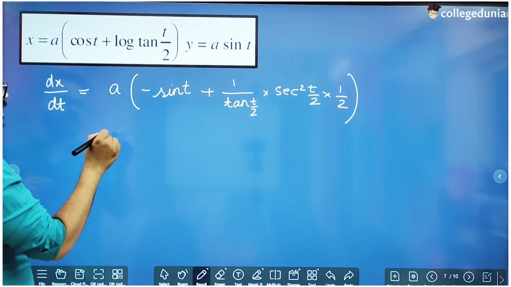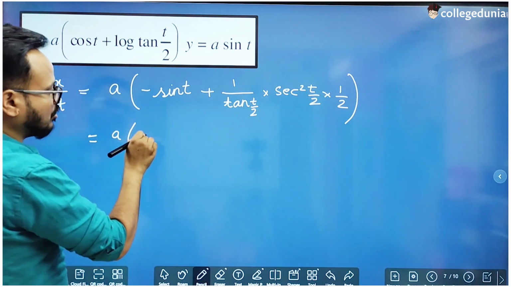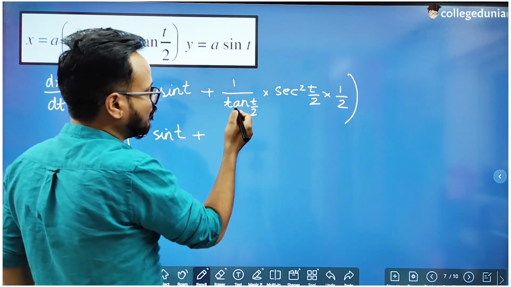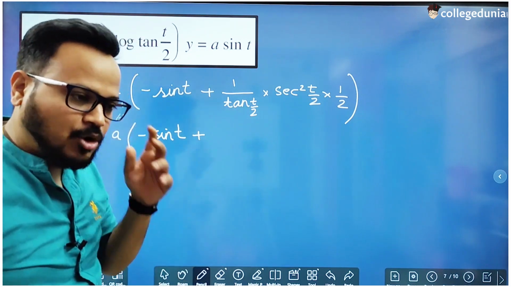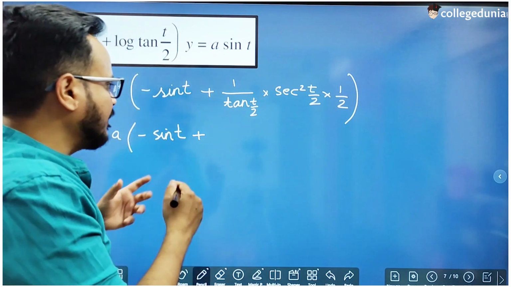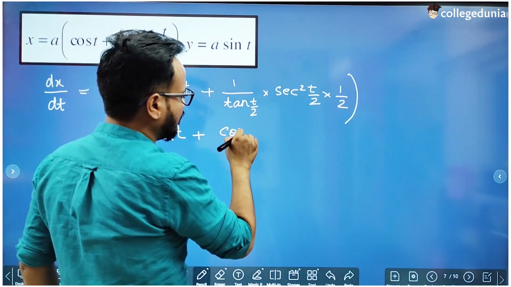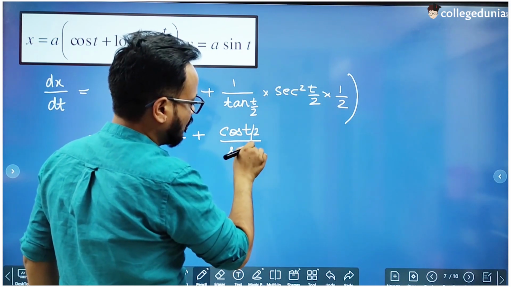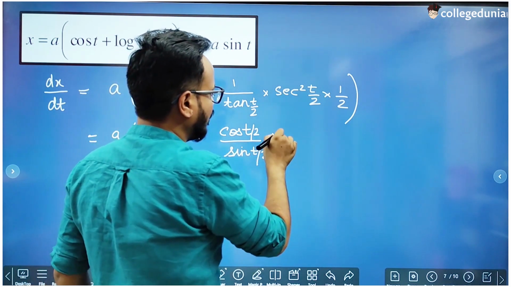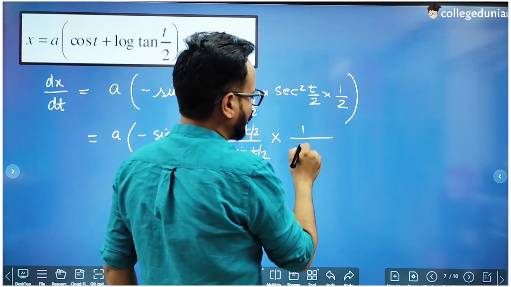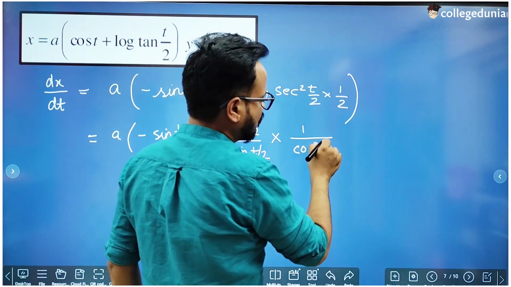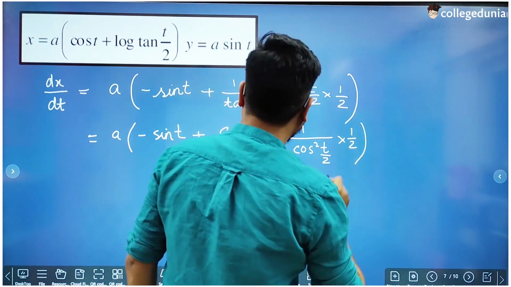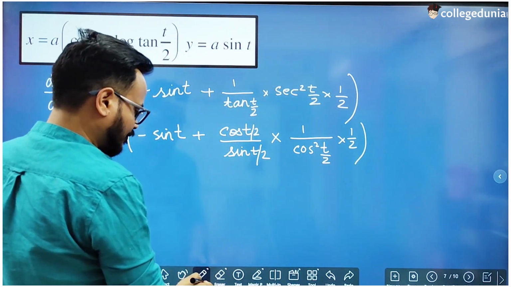Okay, before finding dy by dt, we will solve it into a simpler form. Now 1 upon tan theta is cot theta, and cot theta is cos theta divided by sin theta, and sec square theta is also 1 upon cos square theta, into 1 by 2.